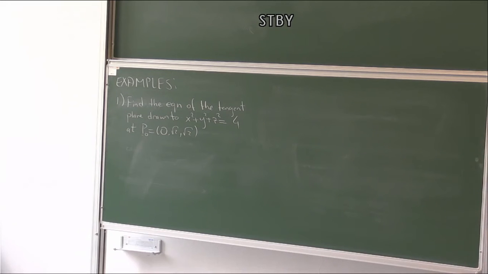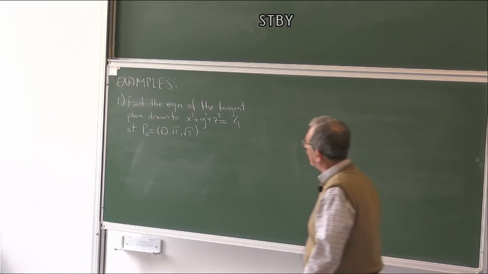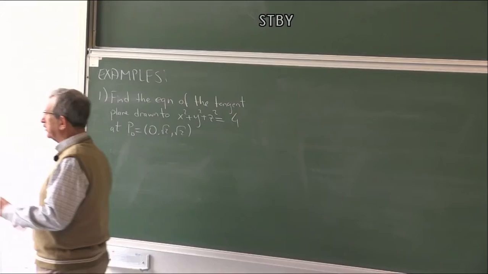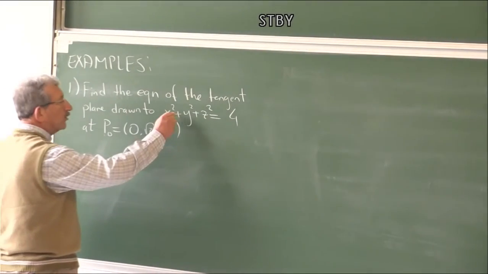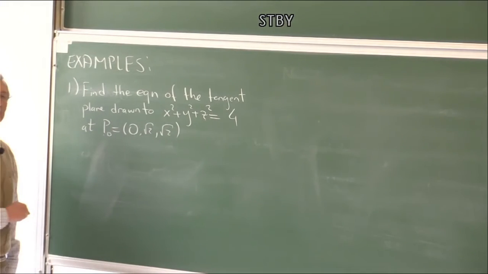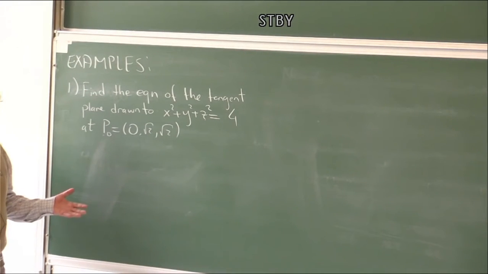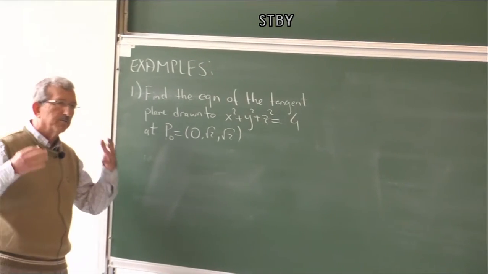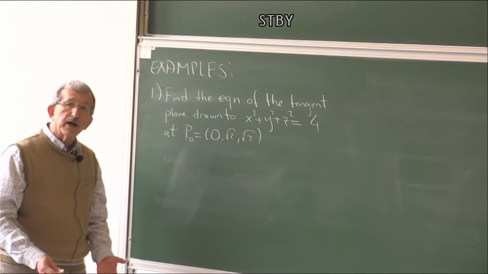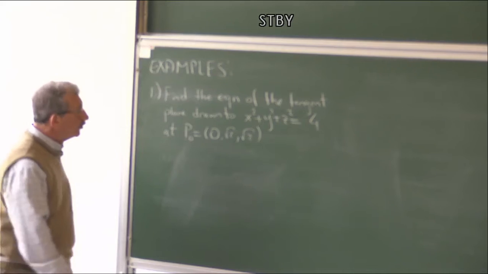Well, to start with, this function, x squared plus y squared plus z squared, our capital F, is a differentiable function because it has all its derivatives, and those derivatives are continuous functions again, because this is a polynomial.